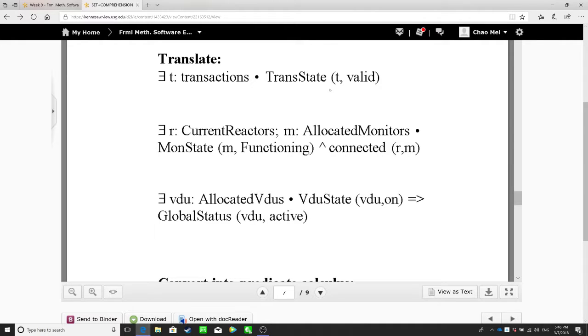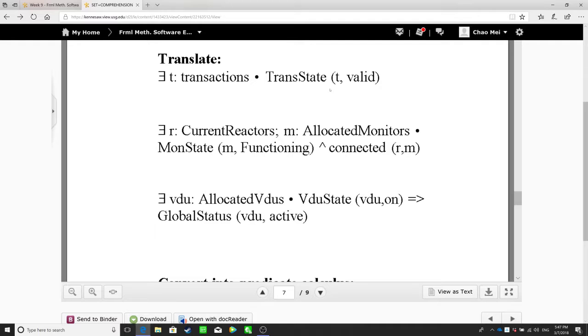How can we translate that? There exists a T which is transaction. There exists a transaction T for which the transaction state is valid. Okay, there exists a transaction T for which the transaction state is valid.